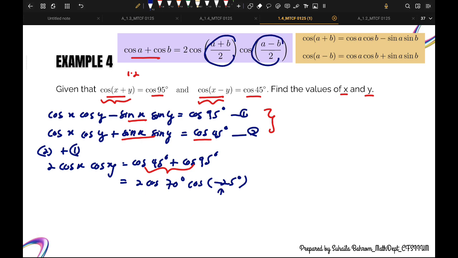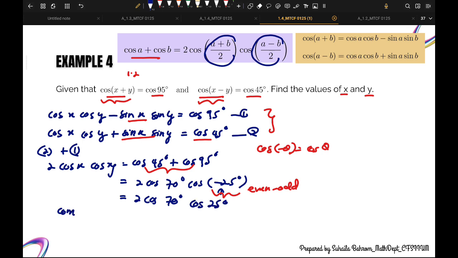That's why we get a negative angle here. So apply the even-odd properties for cos negative 25 degrees. Cos negative theta is equivalent to cos theta, so we proceed with 2 cos 70 and then positive cos 25.